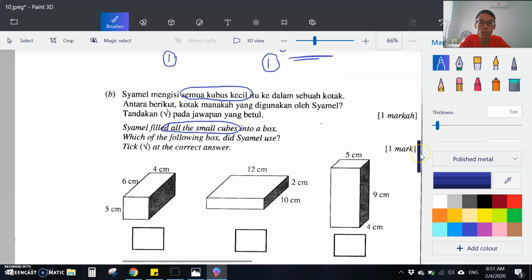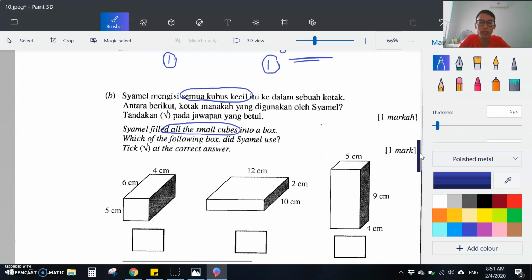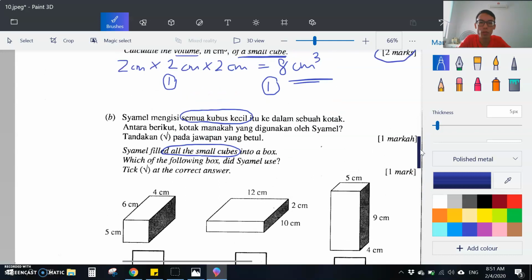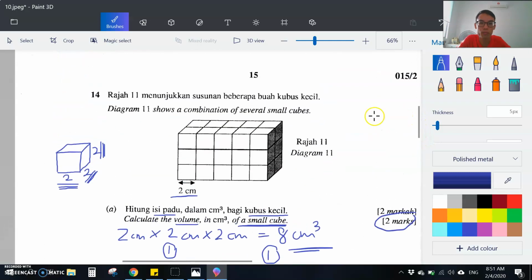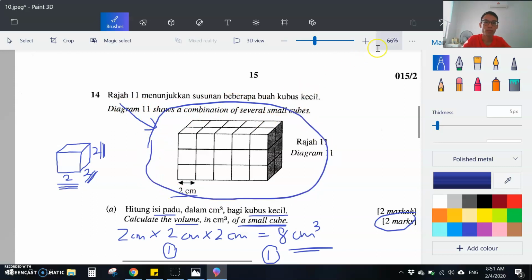Okay. So we need to find out the volume of all the small cubes. Semua kubus kecil. Let's go back to this question. So we need to find out the volume of this whole thing. Okay.